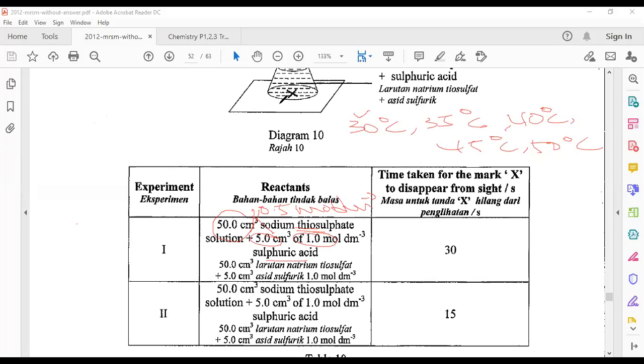You observe to record the time taken for the X mark to disappear from sight, viewed vertically above the conical flask. Then you stop the stopwatch. Repeat the steps using the other temperatures. Don't exceed 50, please. Okay, this is about the temperature.